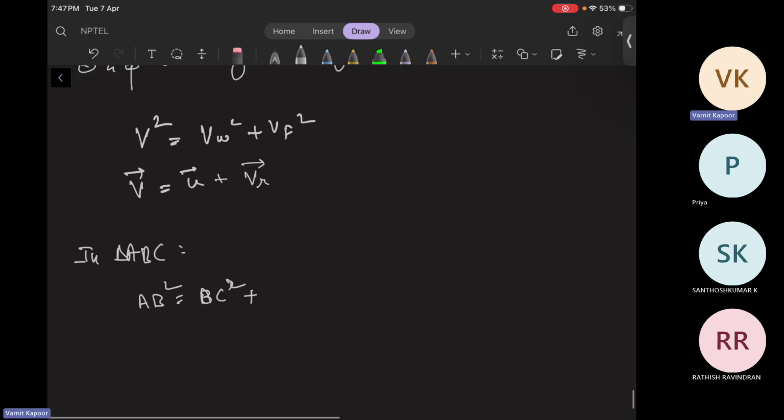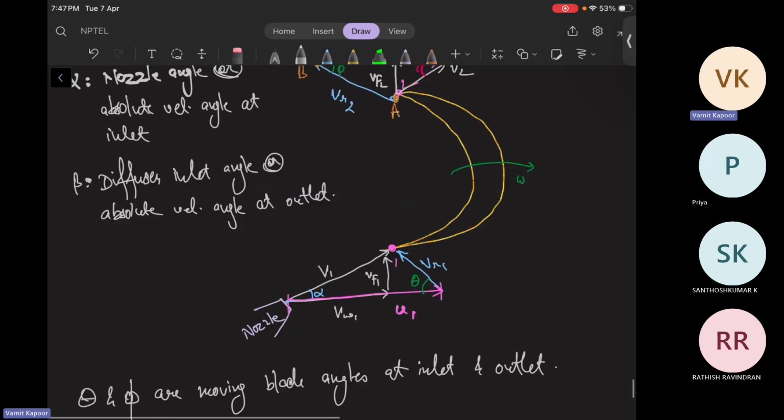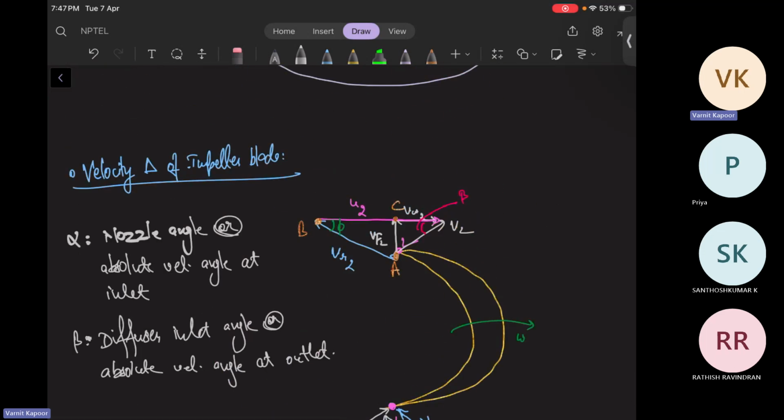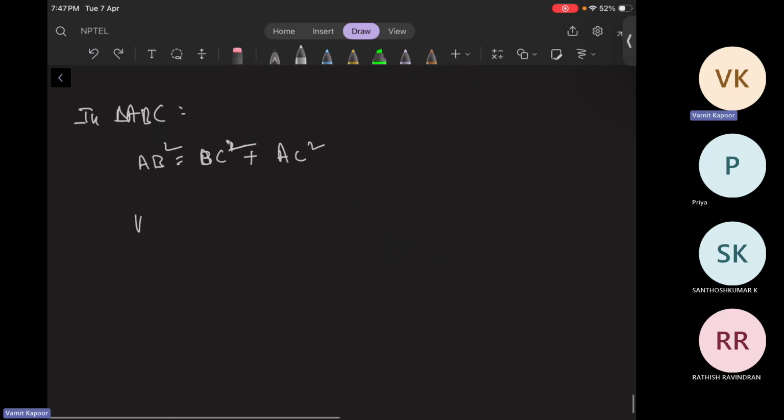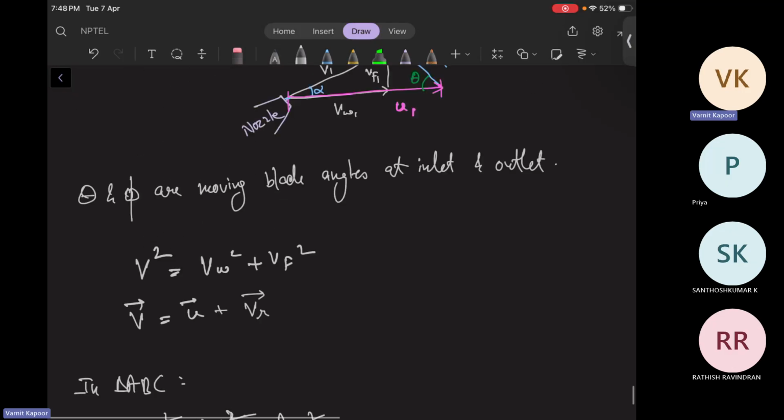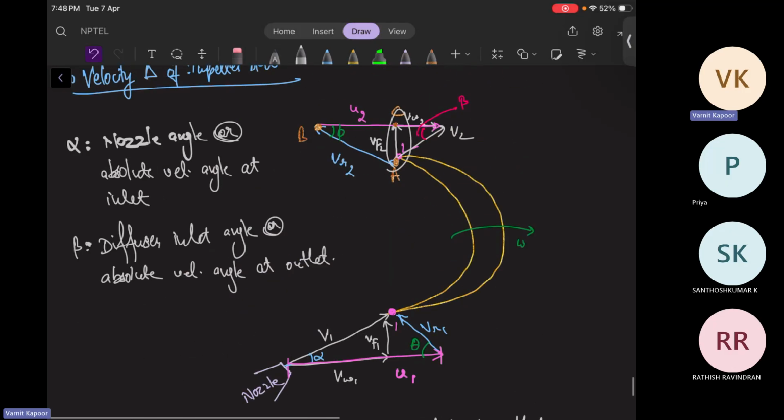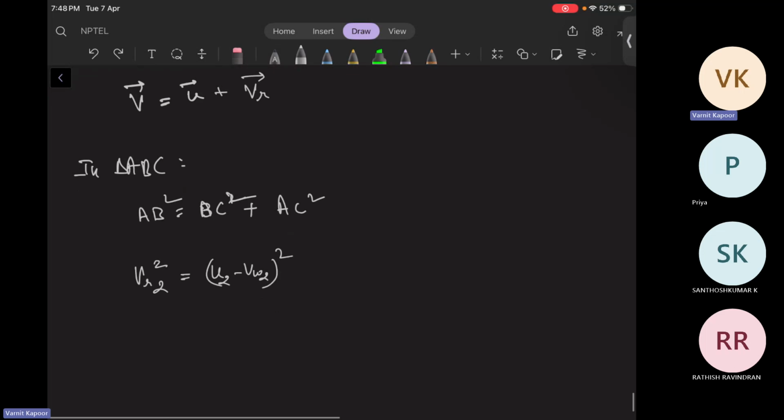AB is nothing but VR2 and BC is complete U2 minus VW2. That will give you length BC. So VR2 square is equal to U2 minus VW2, whole square, and AC is nothing but VF2, plus VF2 square.